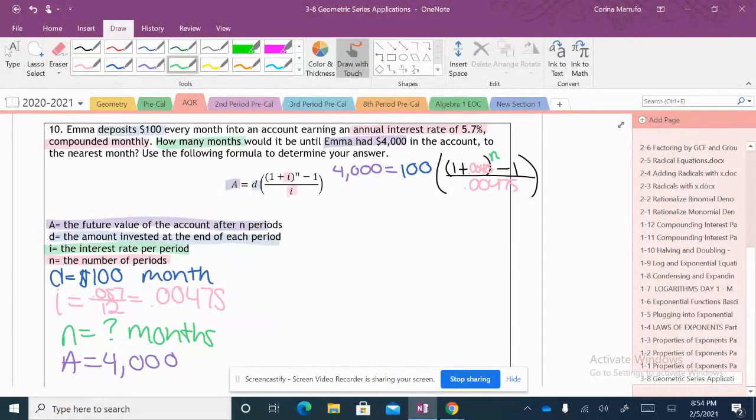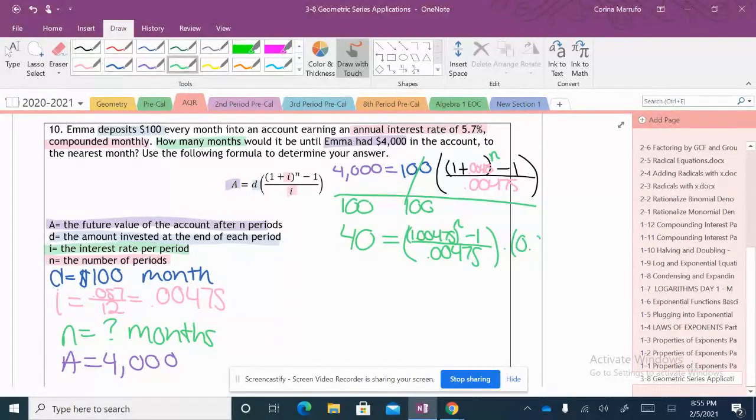Okay, so first we start off by dividing both sides by 100 to cancel out the 100. So these you all solve the exact same way. So this gives me 40 equals, and then on the top, I have 1.00475 once I add those two together to the n power minus 1, and then on the bottom I have 0.00475. Then we multiply both sides by 0.00475, and I do the same thing here.